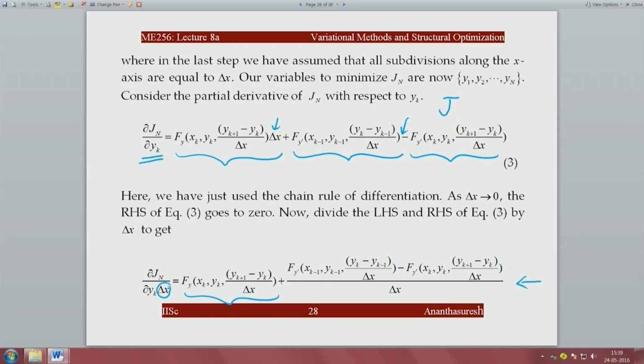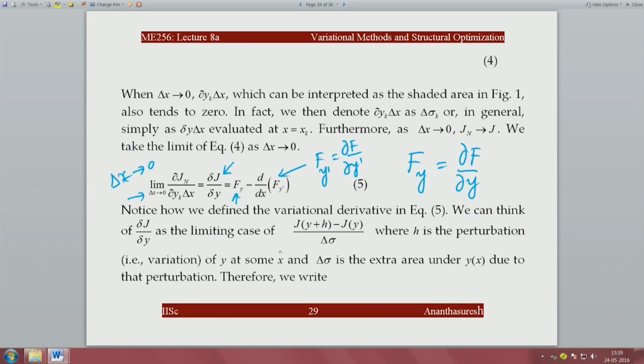This one is f_y, meaning ∂f/∂y, and this one is f_y' at x_k minus 1, this is x_k, divided by delta x. Basically this becomes d/dx of f_y', in other words, d/dx of ∂f/∂y'. So, the variational derivative is f_y, that is ∂f/∂y, minus d/dx of f_y'.